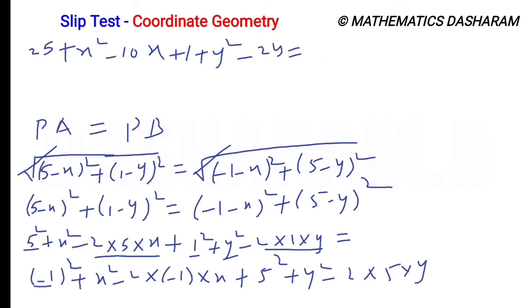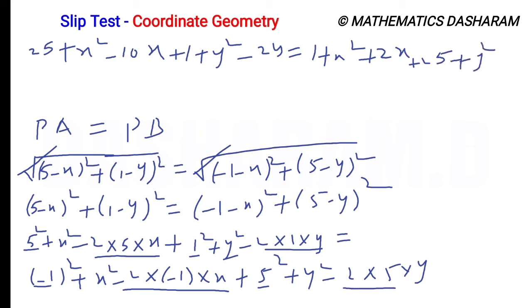It is equals to minus 1 square is plus 1 plus x square minus 2 into minus 1 into x is plus 2x. Next 5 square is 25 plus y square is y square itself, 2 into 5 into y is minus 10y.